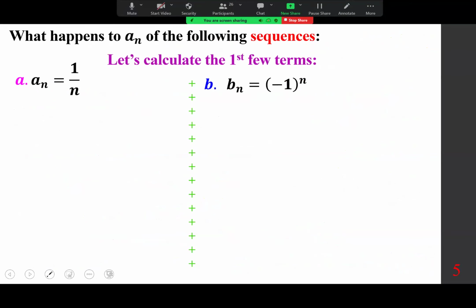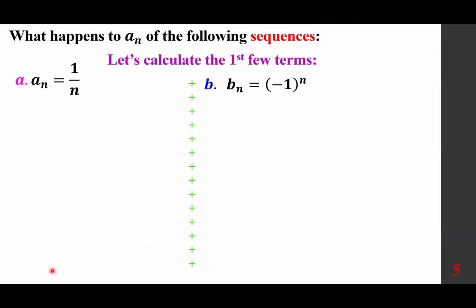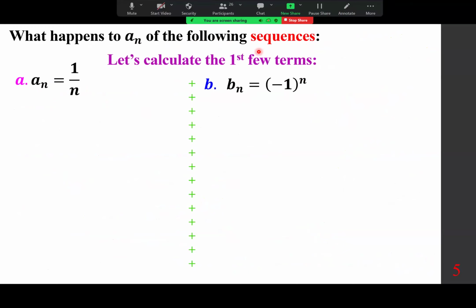Let's look at some warm-up examples. What happens to a sub n of the following sequence? We want to calculate the first few terms. This one, I think, is pretty obvious. If I put 1, I get 1 over 1, which is 1. If I put 2, I get 1 over 2, or 0.5.